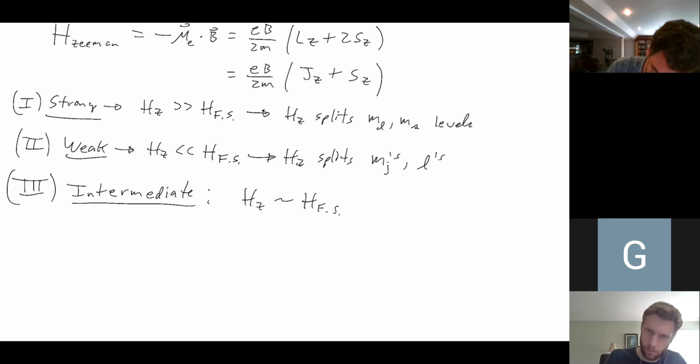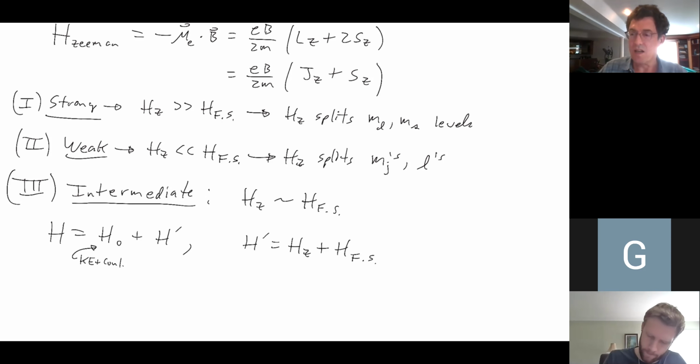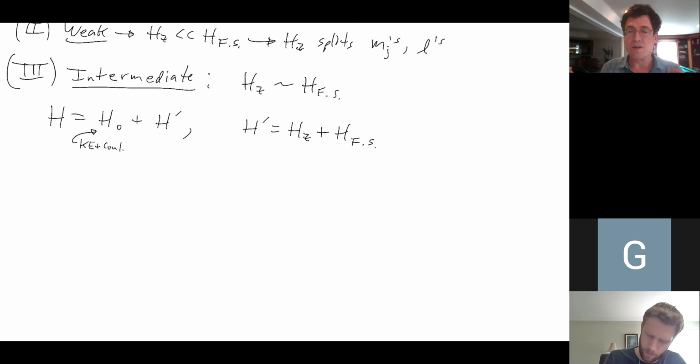And so the Hamiltonian of the system is equal to H naught, which is our normal hydrogen, just the kinetic energy plus Coulomb. But now the perturbation is equal to the Zeeman effect plus the fine structure. That's what makes it so hard: we have to put both of those terms into the perturbation.